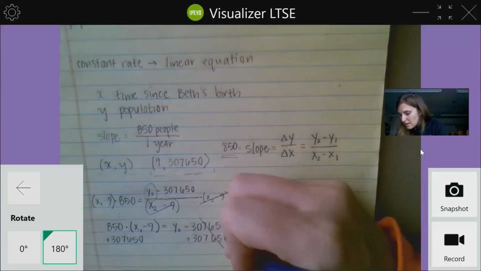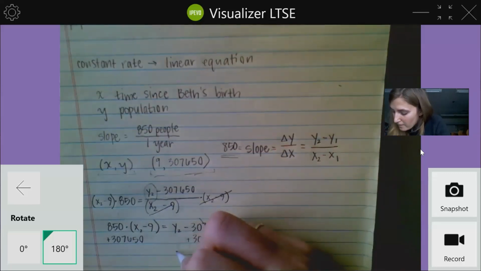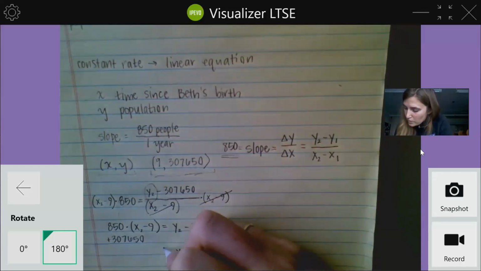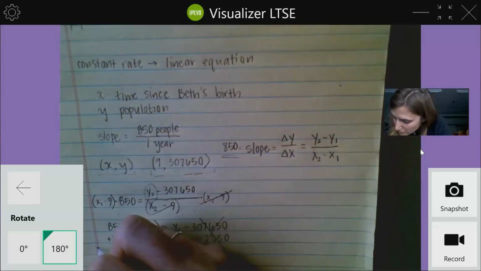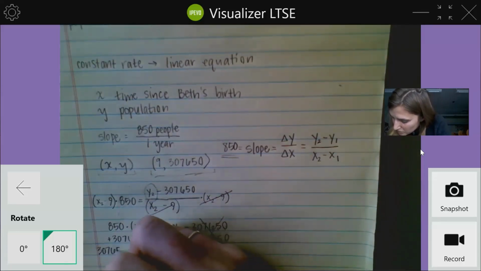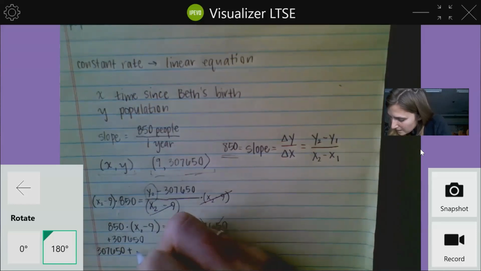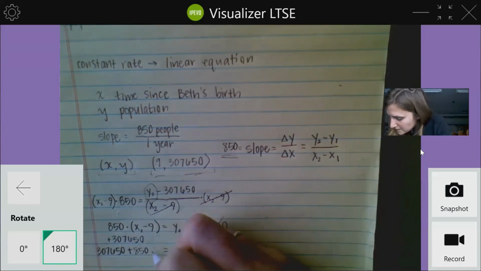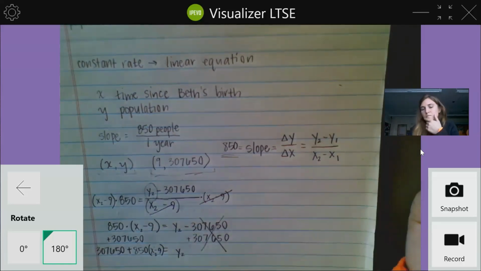And then these cancel out, and I'm left with just y equals 307,650 plus 850 times x2 minus 9.